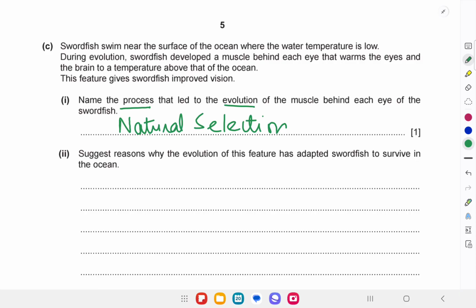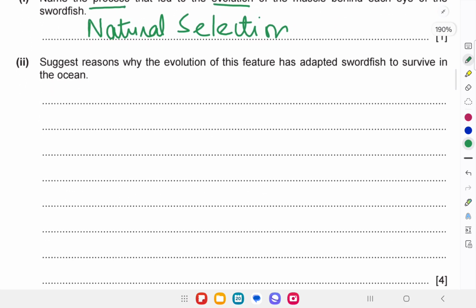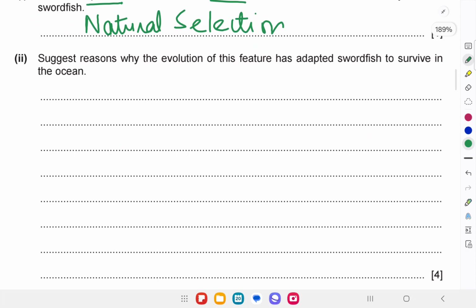I'm going to write them down. Now, if they can see better, they can obviously hunt more easily, and if they hunt more easily, they'll get more food for themselves.